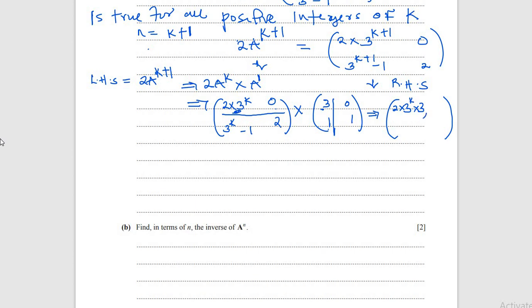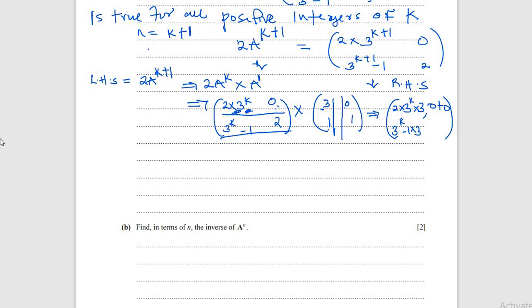This same first row multiplied by the second column: this multiplied by 0 is 0, and 0 multiplied by 1 is also 0. Now, second row, we repeat the same process. 3 raised to the power k minus 1 times 3, right?